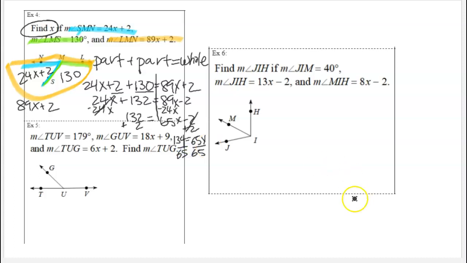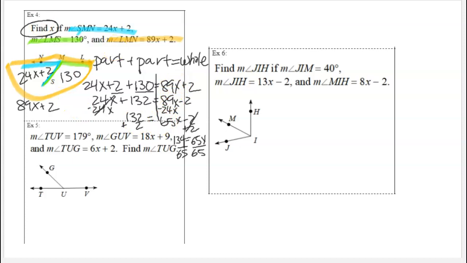Hopefully you get this to fit better. My final answer here is going to be 2. It should be 2. I made a mistake. Where did I make my mistake?